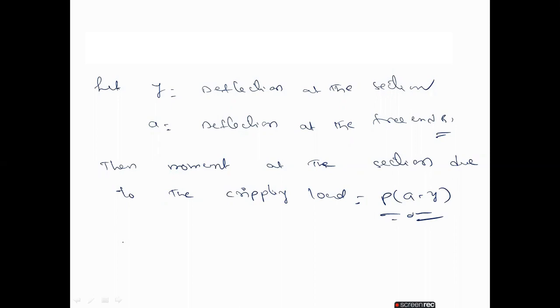Generally, the moment, as I wrote previously, is EI into d square y by dx square. Now equating these both moments, we will get one equation: EI into d square y by dx square equals P into a minus Y. Then again I will write it like this, Pa minus PY.